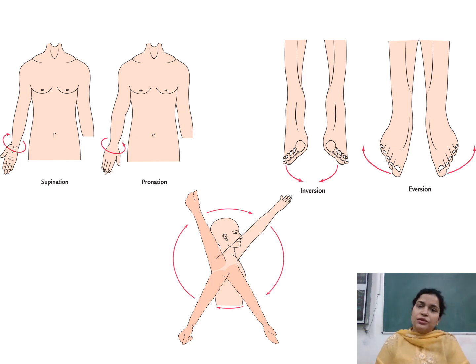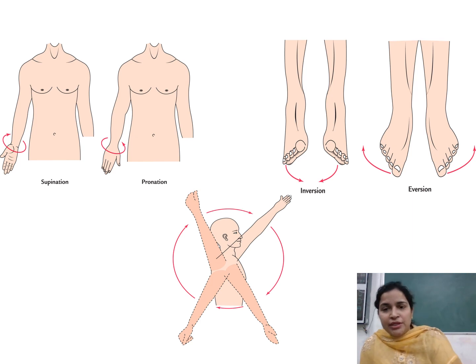So inversion. Let's take an example with a definition in one single line: the lateral border of the foot is on the ground, the medial border of the foot is raised above the ground level, so that the sole of the foot, that means the plantar aspect of the foot, faces medially.